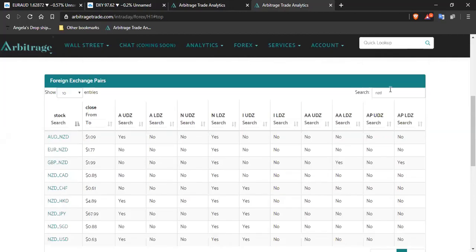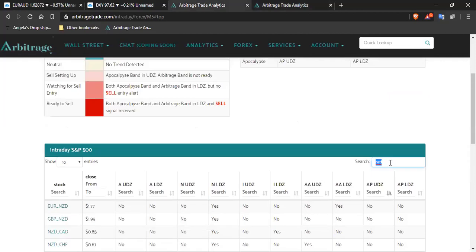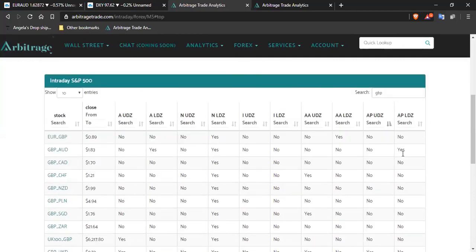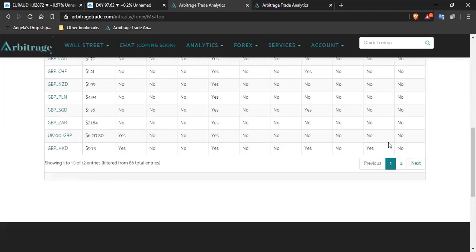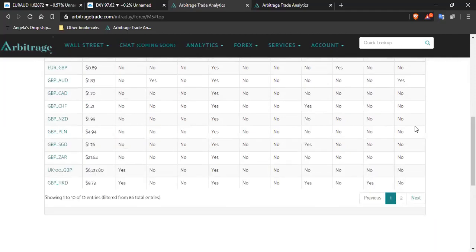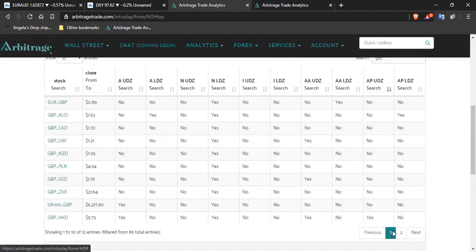All right, let's go ahead and look at GBP on the 5 minute first. GA, we already have it down. Nothing over here.